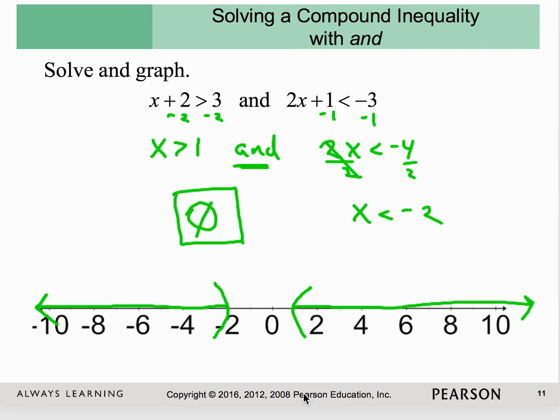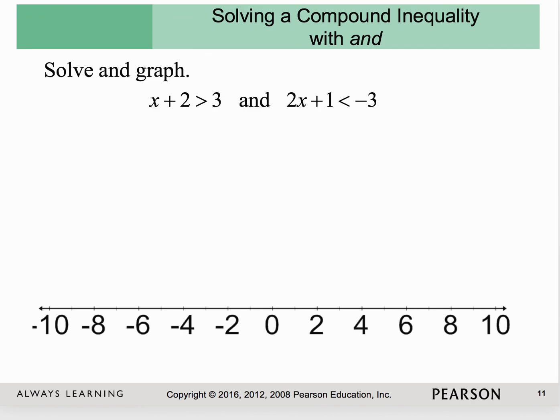All right. So I could still have a no solution or an all solution. If I wind up with an arrow going both ways and covering everything, then it's all real numbers. But if I don't wind up with any overlap, there's no solution. Okay, let me know if you have questions.